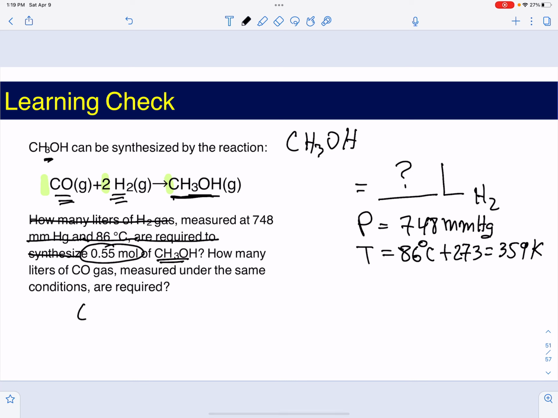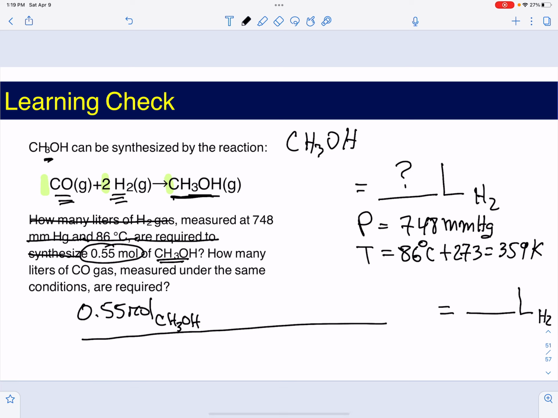So given 0.55 moles of methanol, can we go all the way to liters of hydrogen gas required? This is a stoichiometry problem, so we're going to use the train track method because we care less about the moles of methanol.